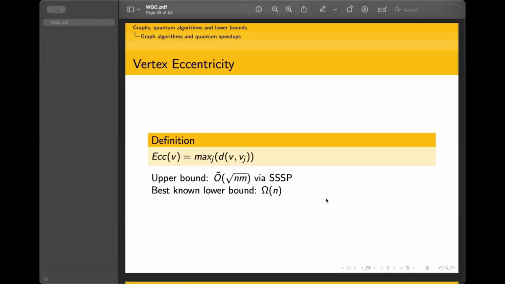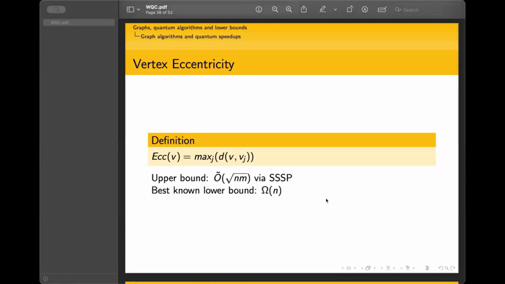But the best known lower bound for this problem is omega of n, and it doesn't seem like this is optimal. It doesn't seem like there is an algorithm, in the dense case at least, where you could just traverse all vertices and solve the eccentricity problem, because there is this additional structure that you ask for the shortest paths from the vertex.